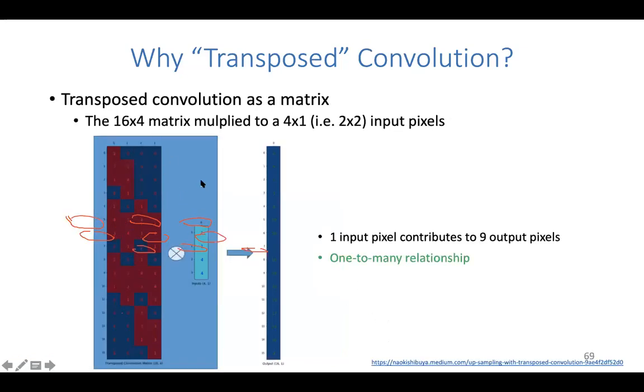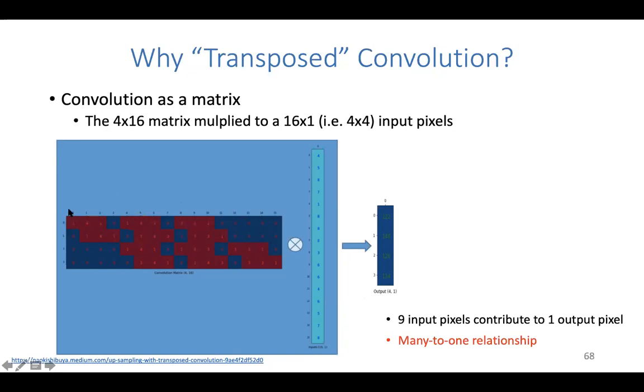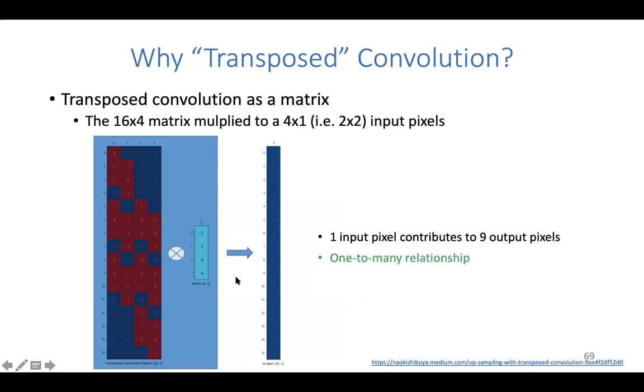So if you simply take the transpose of this matrix, which was 4x16, into 16x4, and then do a matrix multiplication of the 16x4 convolution matrix with a 2x2, or 4x1, image, this will blow the image up into a 16x1, which you can rearrange into a 4x4 image.